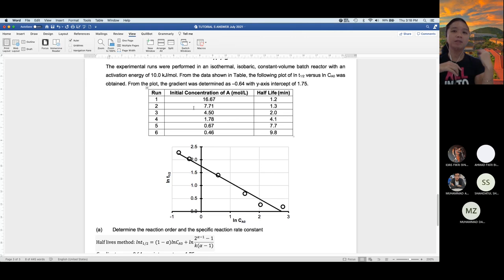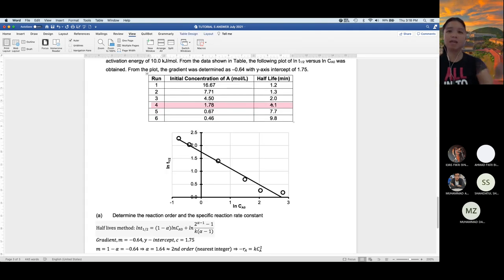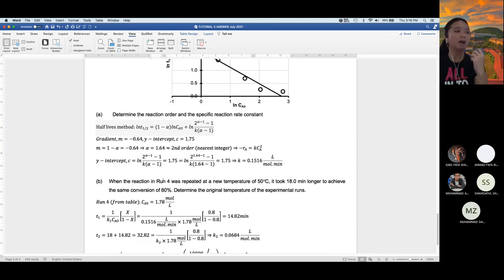Dan maklumat yang beritahu kita untuk mencari suhu asal ni, dia kata dia run balik. Okay, run 4 ni, run yang menggunakan kepekatan 1.78 ni, dia run balik run yang keempat. Tetapi dia run pada suhu baru 50 Celsius. Okay, dan dia kata bila dia run pada suhu yang baru, ia mengambil masa 18 minit lebih panjang untuk mencapai conversion yang sama.